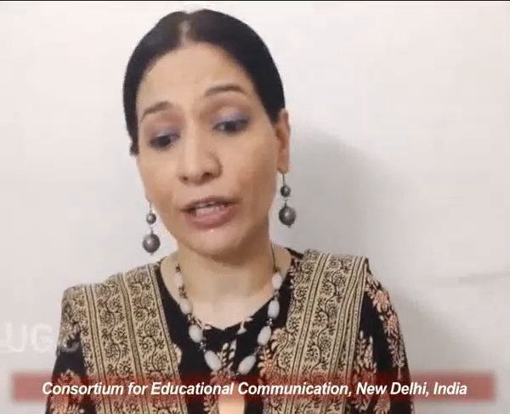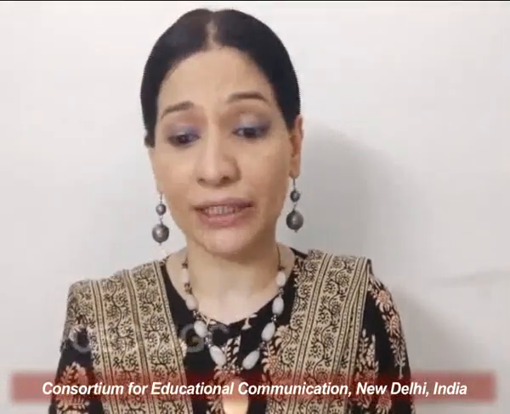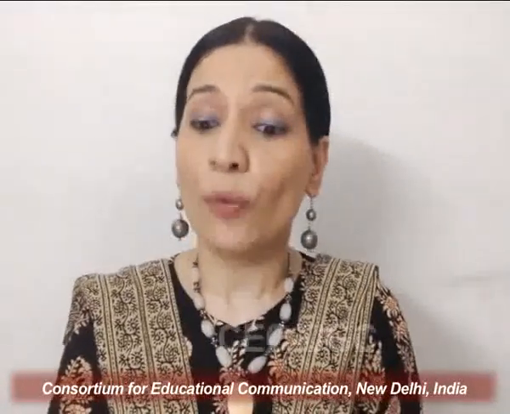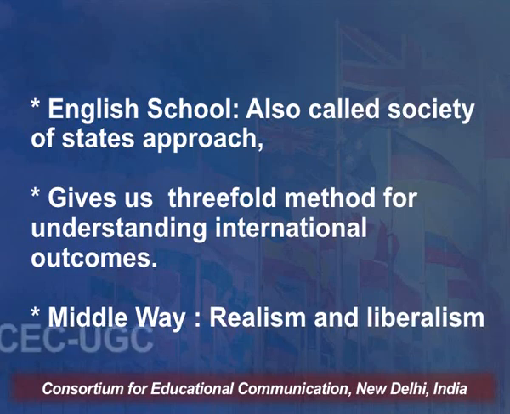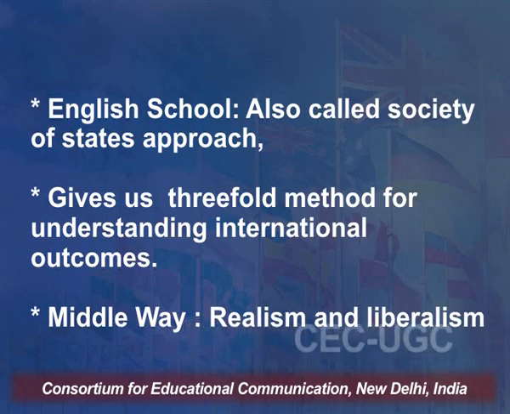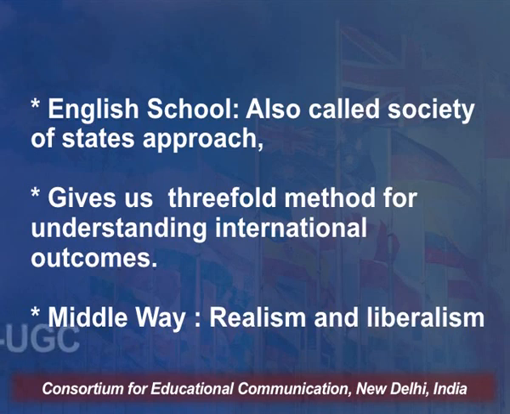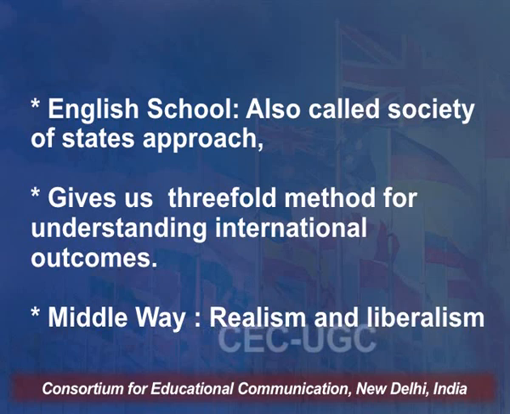As we are referring to the English school perspective, the English school, which is often called the society of states approach, gave us a threefold method for understanding international outcomes and is often seen as a middle way between realism and liberalism.